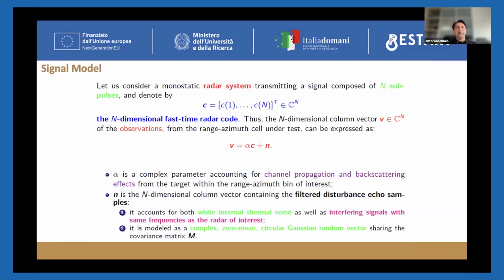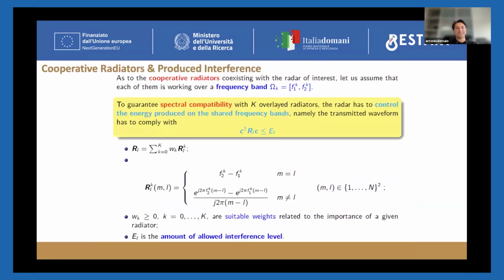And the vector N contains the samples of the filter disturbance. It is modeled as a zero mean, circularly symmetric Gaussian random vector with the covariance matrix equal to capital N. It accounts for white internal thermal noise, licensed communication signals sharing the same bandwidth, also jamming, hot clutter, and so on.